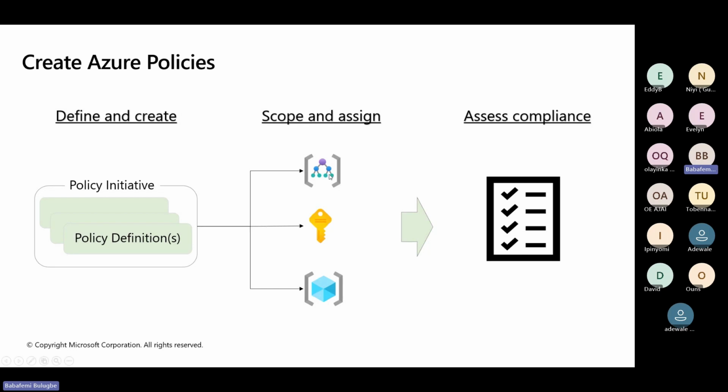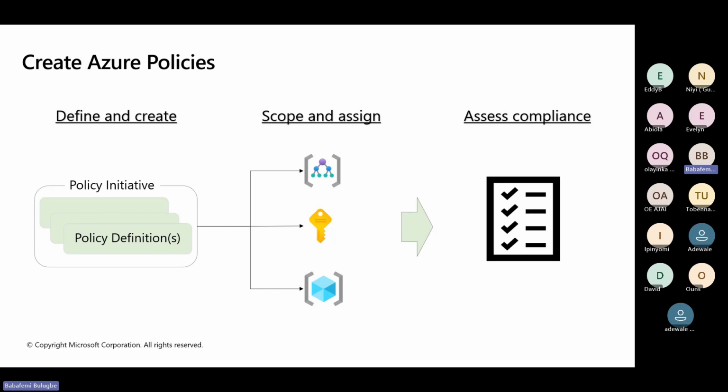policy. So if I apply it on the management group, that means all the resources within all the subscriptions that are within that particular management group, that policy would apply to all of them. But if I create that policy and then assign it to just a subscription within a management group, only resources within that subscription are where the policy will apply.